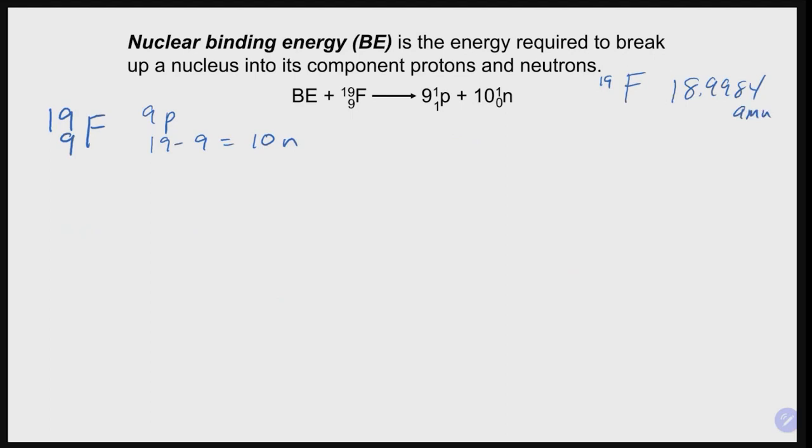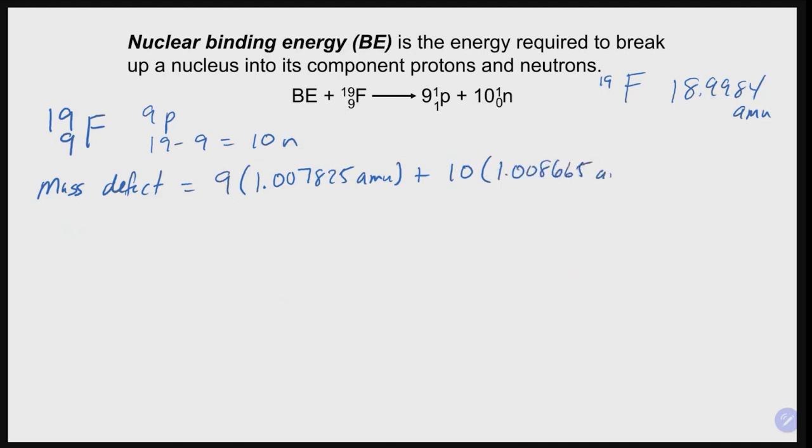If we were to calculate the mass defect here, we would take the 9 protons and multiply by the atomic mass of a proton, which is 1.007825 AMU. We would then add 10 times the atomic mass of a neutron, which is 1.008665 AMU. We would then subtract that from the fluorine 19 atomic mass of 18.9984 AMU.